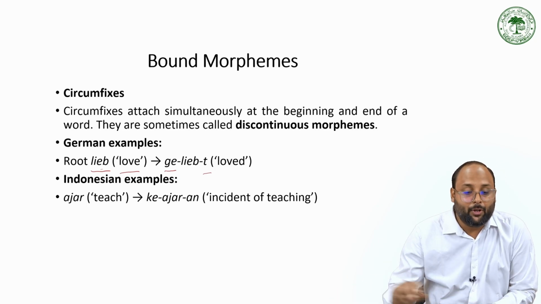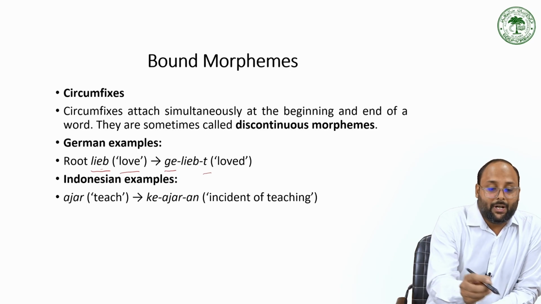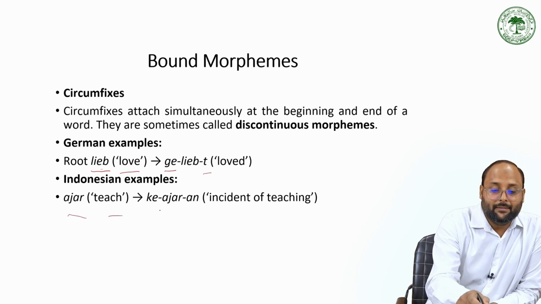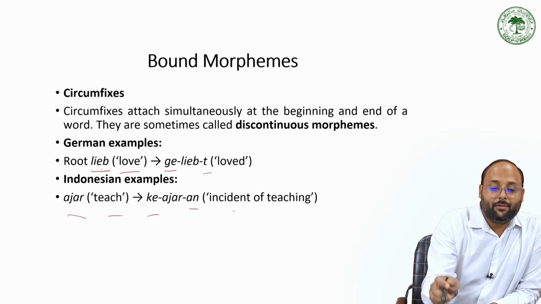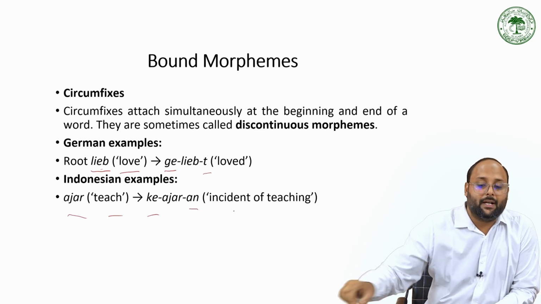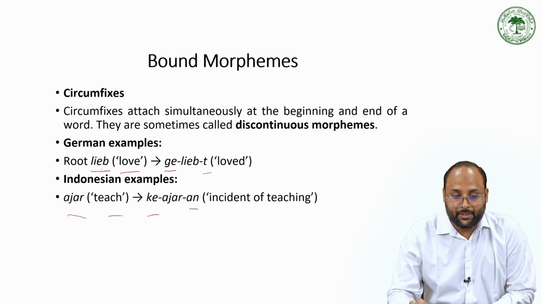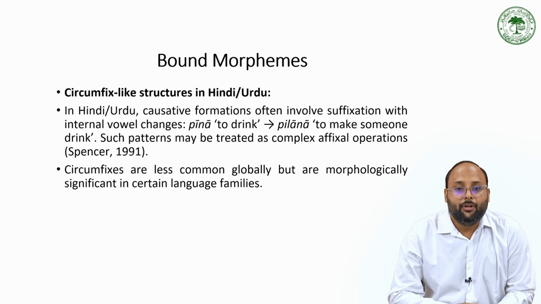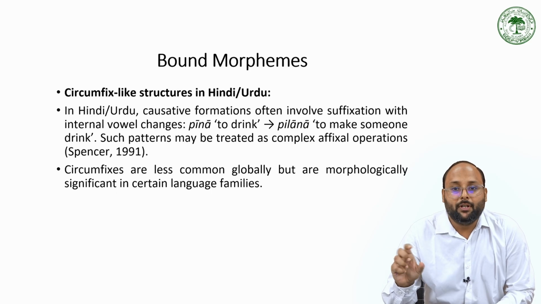And there is an Indonesian example. Ajar means teach. We are adding the circumfix ke and an together with ajar, so it becomes pengajaran, the act of teaching. Circumfixes lack structure in Hindi Urdu. I do not know how much this example fits in this context, but I just try to give you some concept to understand.